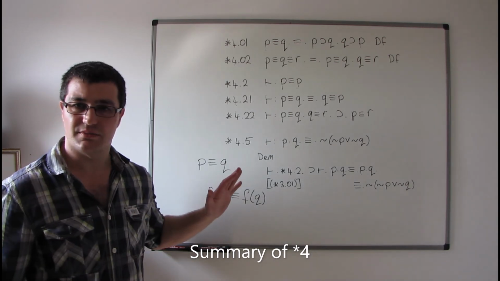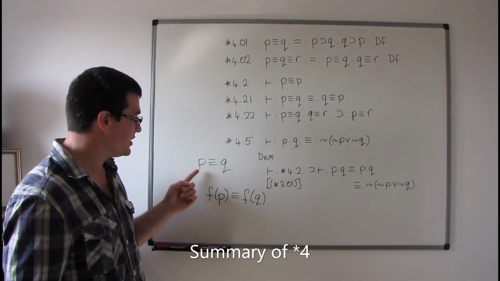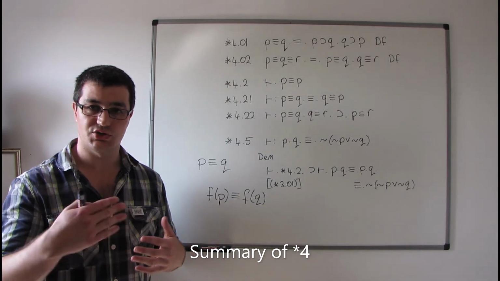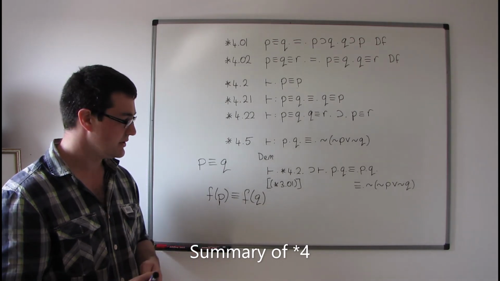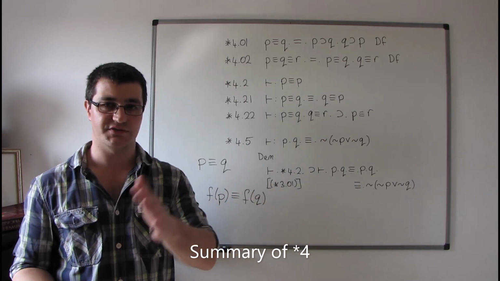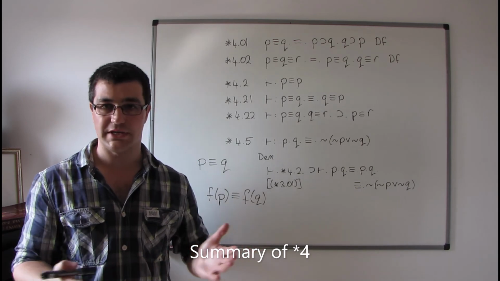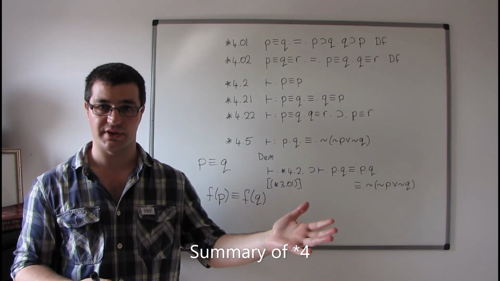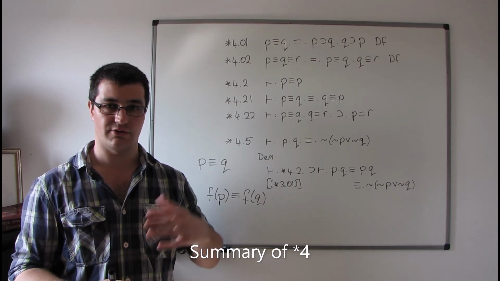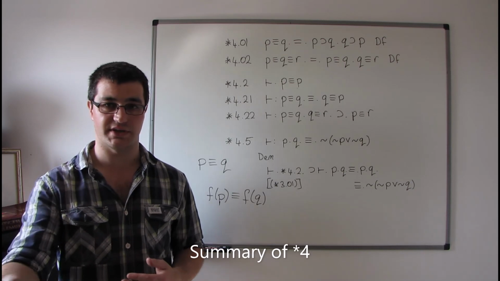So how might this kind of break down? Well, it wouldn't work if I made this substitution if f is not a truth function. An example of a non-truth function might be something like x believes p, where x is a person. Because people being people, they believe some true things, but they disbelieve some true things. And they correctly disbelieve some false things, but they incorrectly believe some false things.